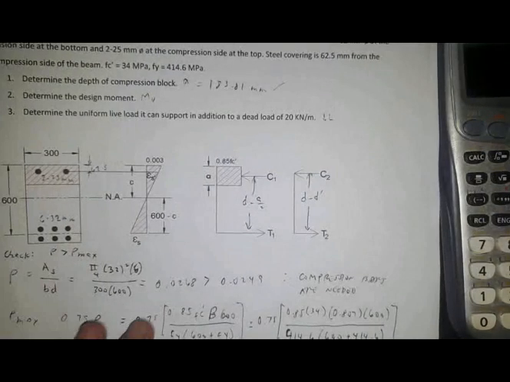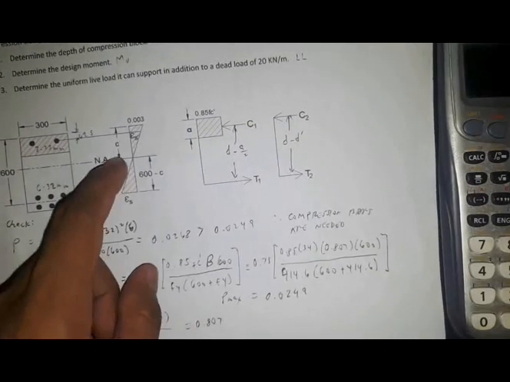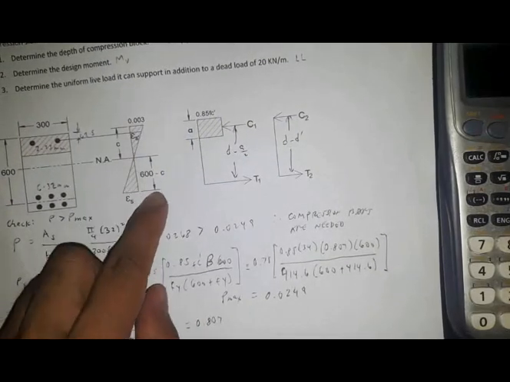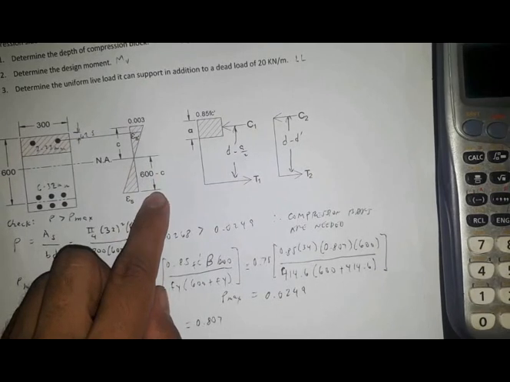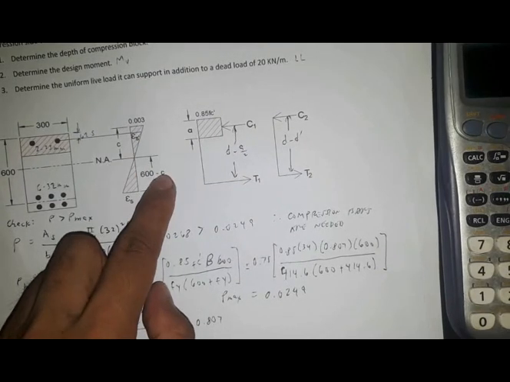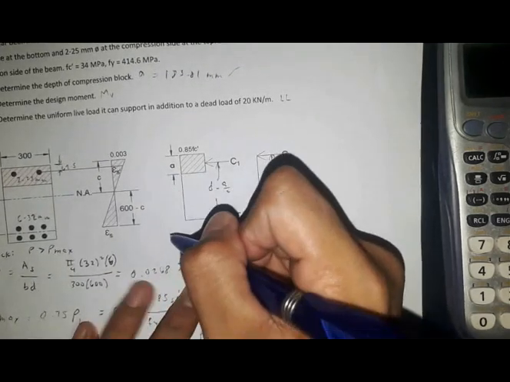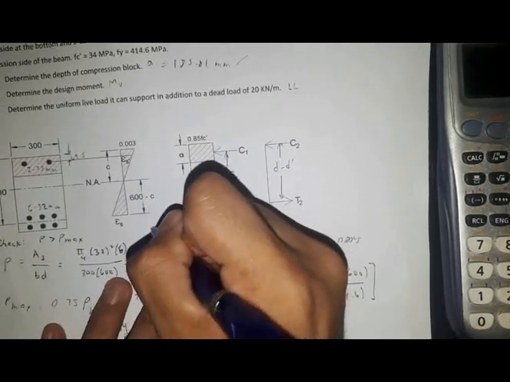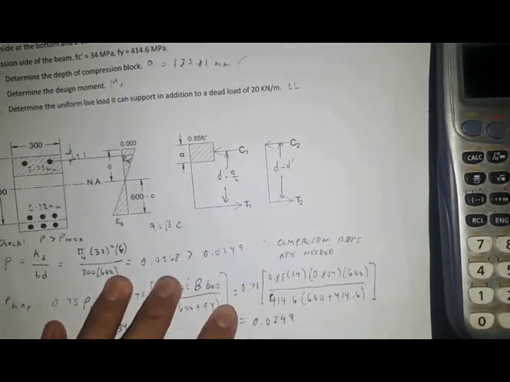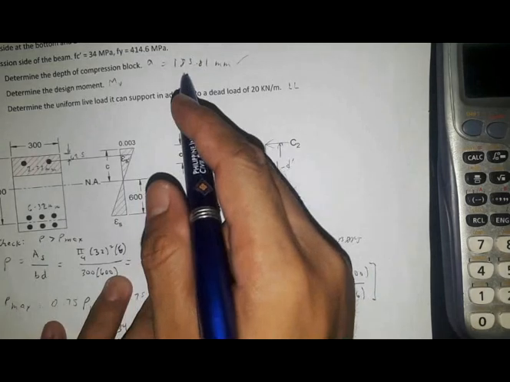From here, we have to make a ratio and proportion. We get C and 600 minus C. Our a is equal to beta times C. So our a is solved.